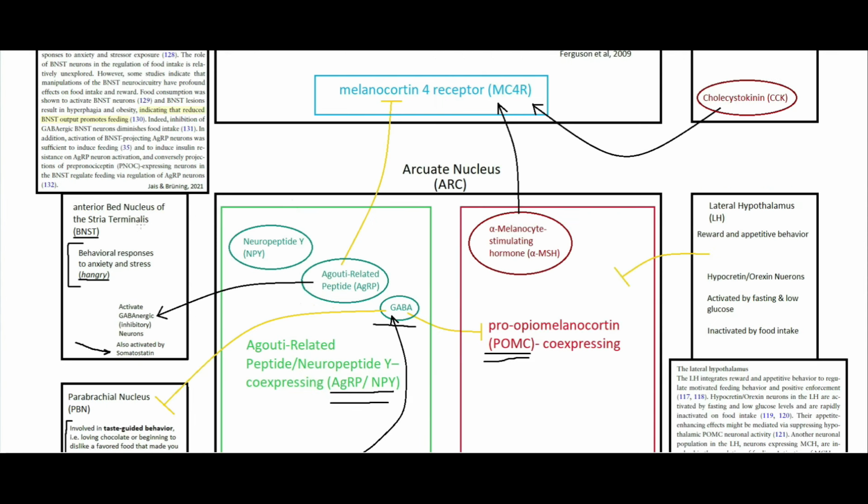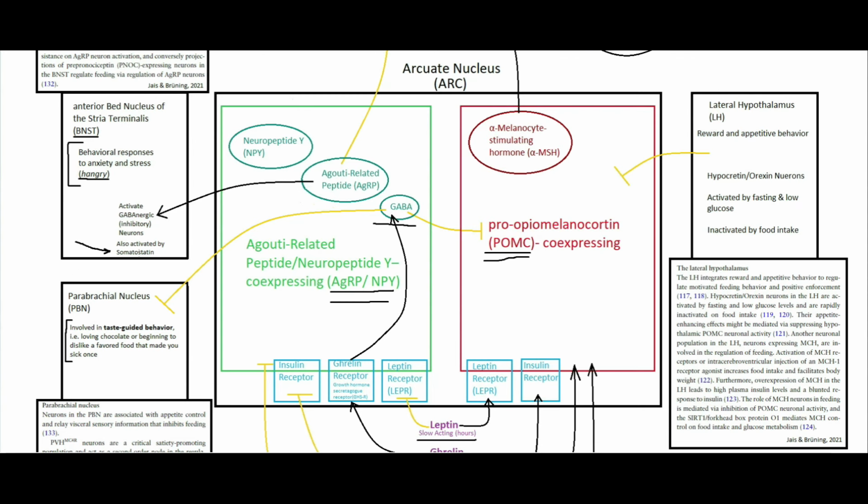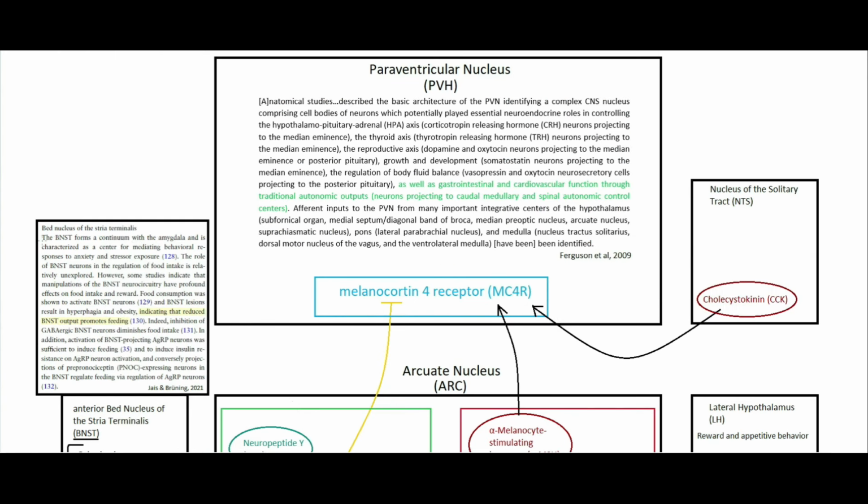This BNST is becoming quite a topic of research as of late, because as it says up here, and this comes from that same paper as the stuff about the parabrachial nucleus, the BNST forms a continuum with the amygdala.